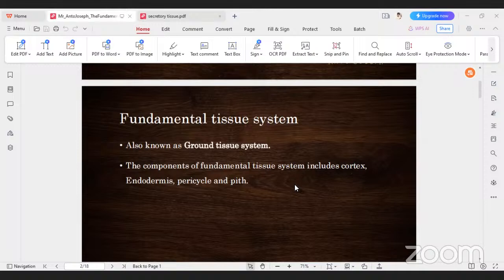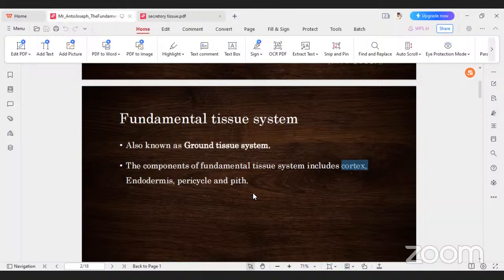Yes, sir. Right. The fundamental tissue system, or another name, the ground tissue system, is mainly present in the cortex, whatever you said, that is hypodermis and normal cortex, these are parts of the cortex: cortex, endodermis, pericycle, pith. This is all fundamental tissue.